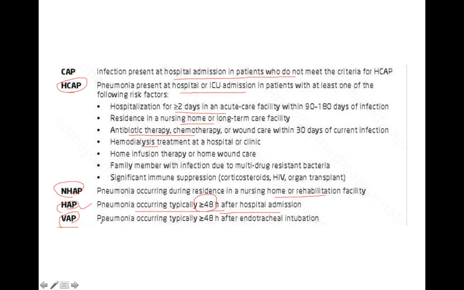Like the patient is a COPD patient, he is your patient for many months, and once he comes to the emergency with an acute COPD attack, you do an x-ray and don't find anything. Since the patient has acute respiratory failure, you intubate, and after 2 to 3 days you do an x-ray again and find new patchy infiltrates. So that's ventilator associated pneumonia, typically occurring 48 hours after intubation.